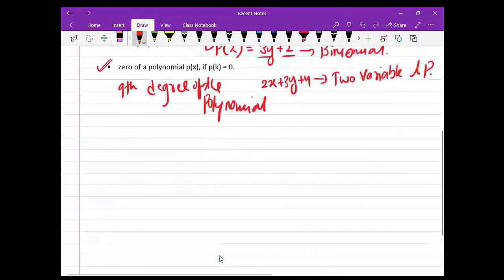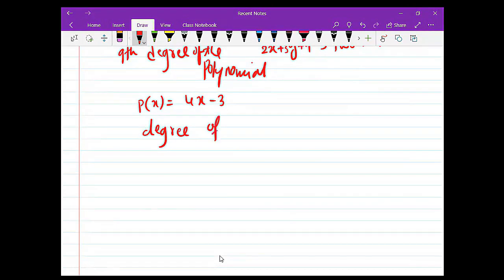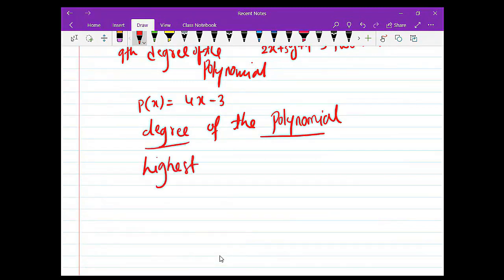If a polynomial is there, p of x is equal to 4x minus 3, what is the degree of the polynomial? The degree of the polynomial is nothing but the highest power of the polynomial.